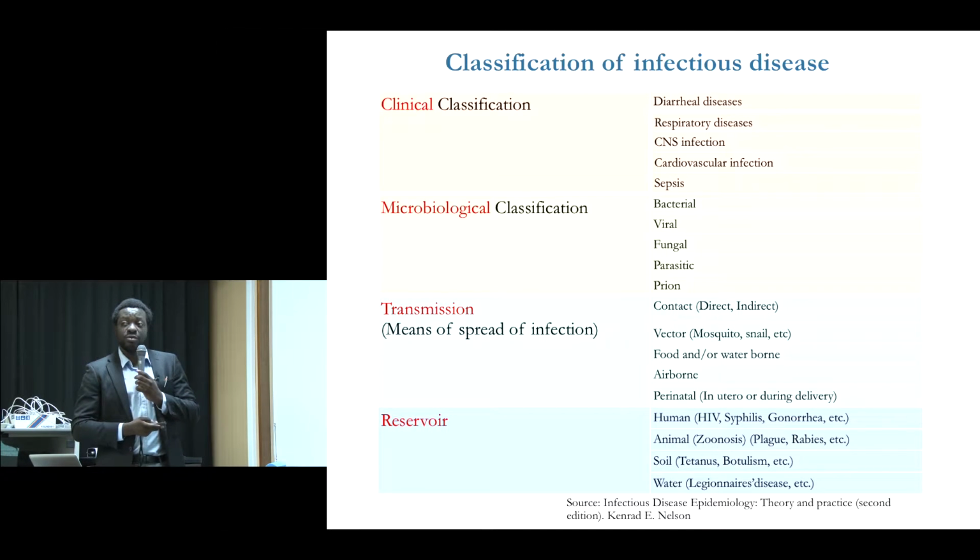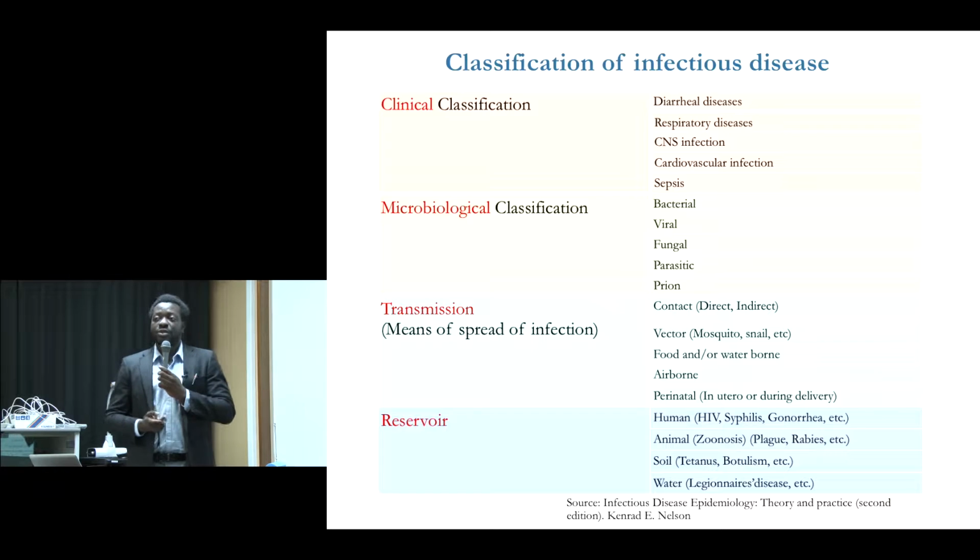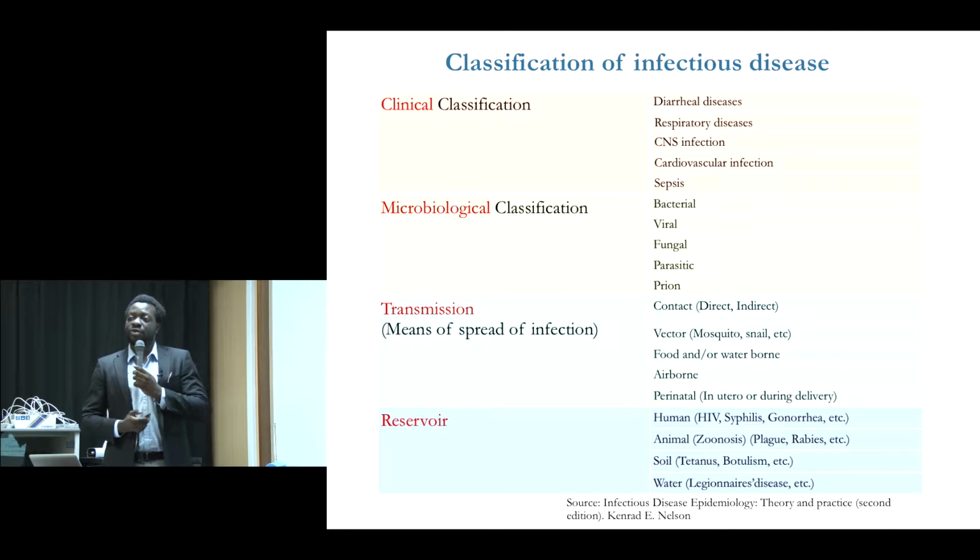We have a vector, a mosquito for example, transmitting malaria or dengue fever. Food and waterborne diseases, there are a lot of them, typhoid fever, airborne disease, measles, influenza, you can name it, and perinatal, from mother to child during delivery, for example.